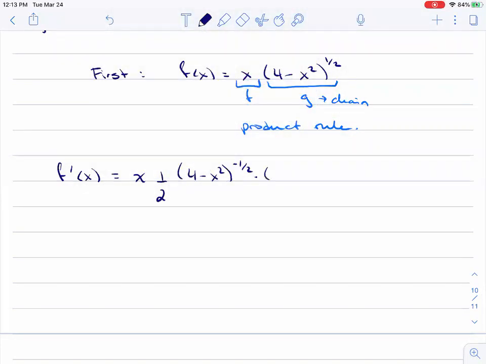Times the derivative of the inside, which is negative 2x, plus the derivative of f, which is 1, times 4 minus x squared to the 1/2.